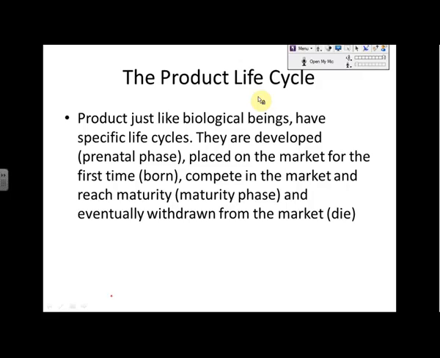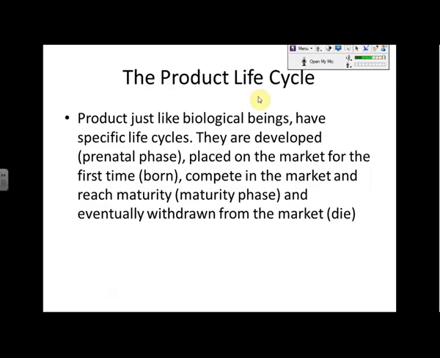We then look at the product life cycle. What is a product life cycle? A product life cycle is just like a biological being. They have specific life cycles. They are developed, right? And we call that phase the prenatal phase.